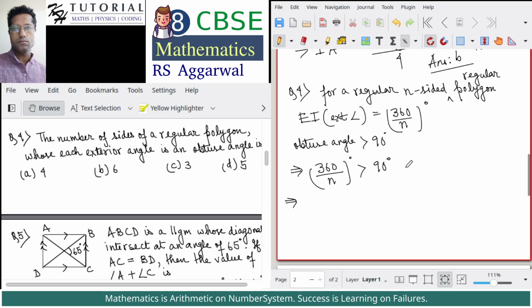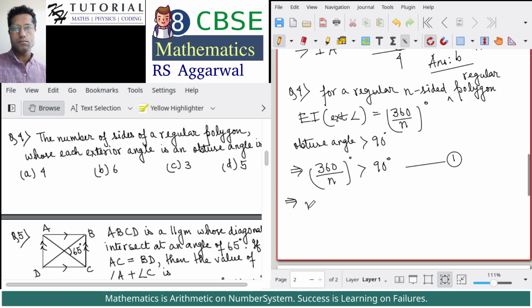Let this be inequality 1. I can multiply both the LHS and RHS by a positive non-zero number, and that positive non-zero number I am multiplying is n. We know n is the number of sides of a polygon, it is always greater than or equal to 1, and it is a natural number.